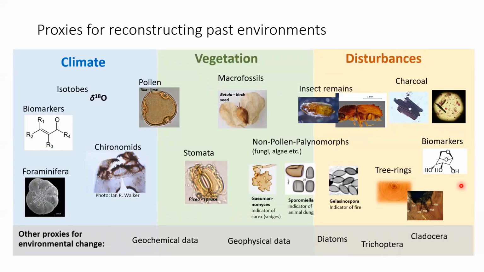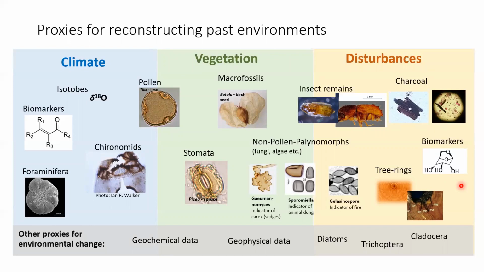Also, vegetation can be reconstructed from many different proxies. The most common are pollen and macrofossils, also non-pollen palynomorphs that can give an indicator of different species. Then disturbances can be reconstructed. For example, insect outbreaks from insect remains in the sediments, or forest fires from charcoals.